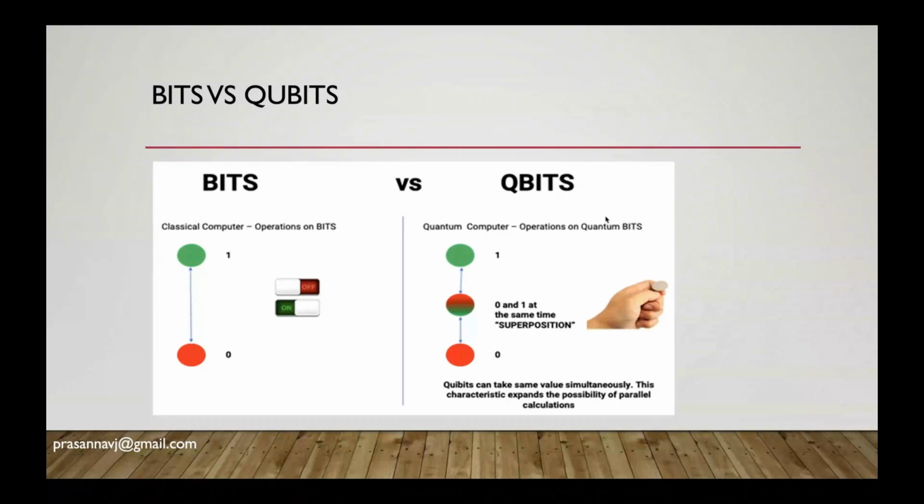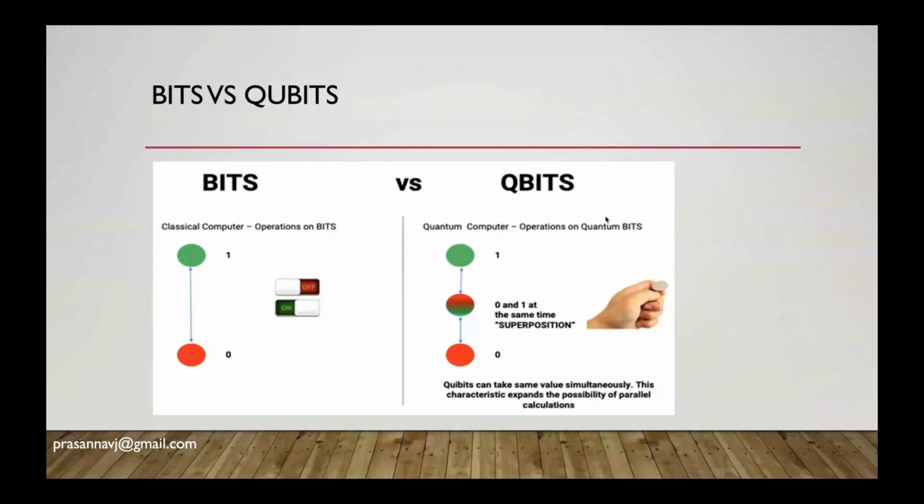So how is this achieved? We all have our laptops and desktops, and they work at the typical room temperature we are used to. But to achieve this superposition level, quantum computers should be kept at a sub zero temperature level.